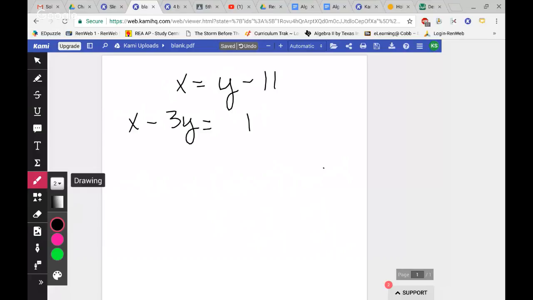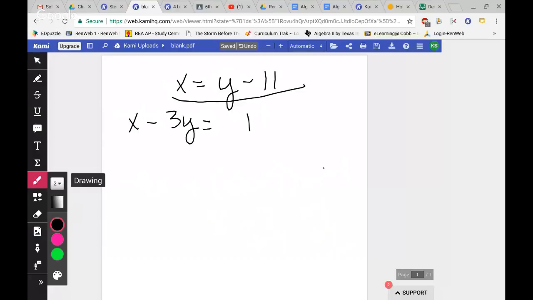Would you do 3 times the 11? Not on this one, because what is it telling me here? Read that. X equals y minus 11.